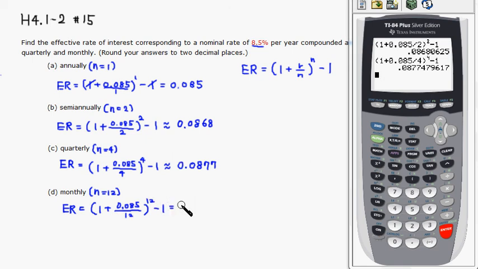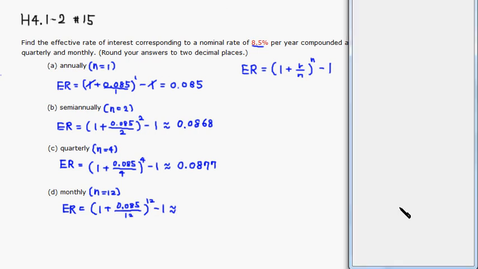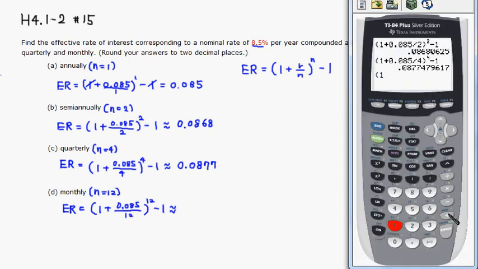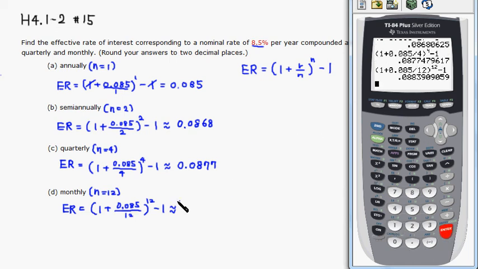So that's going to be the quantity 1 plus 0.085 divided by 12, raise the whole thing to 12 and subtract 1. And it came out to be 0.0884.